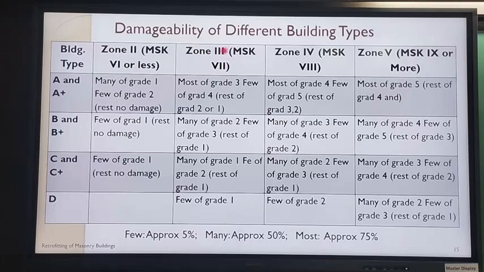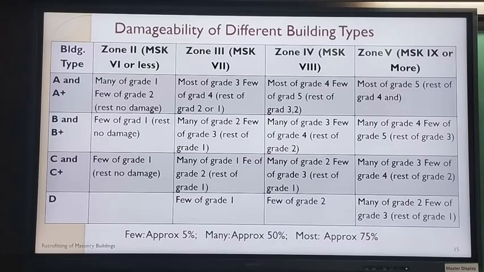In zone 3, we have MSK 7, MSK 8, and then MSK 9 or more, because that's the most likely earthquake that can happen in the foreseeable future in that seismic zone. We used to have seismic zones 1 to 5, but zone 1 was eliminated some years back, so we have 2, 3, 4, 5. And in each zone, what is the highest intensity earthquake that can happen? In seismic zone 2, it is 6. In seismic zone 3, it is intensity 7, 8, and 9.